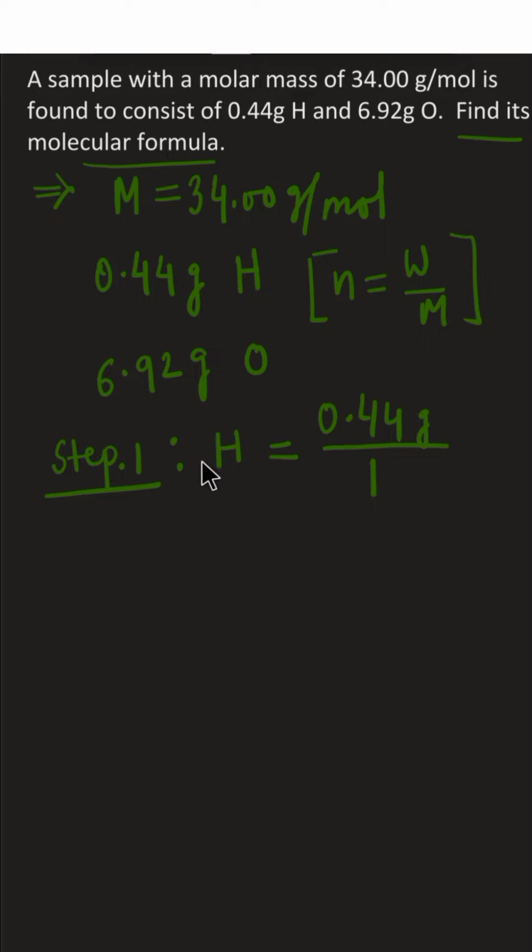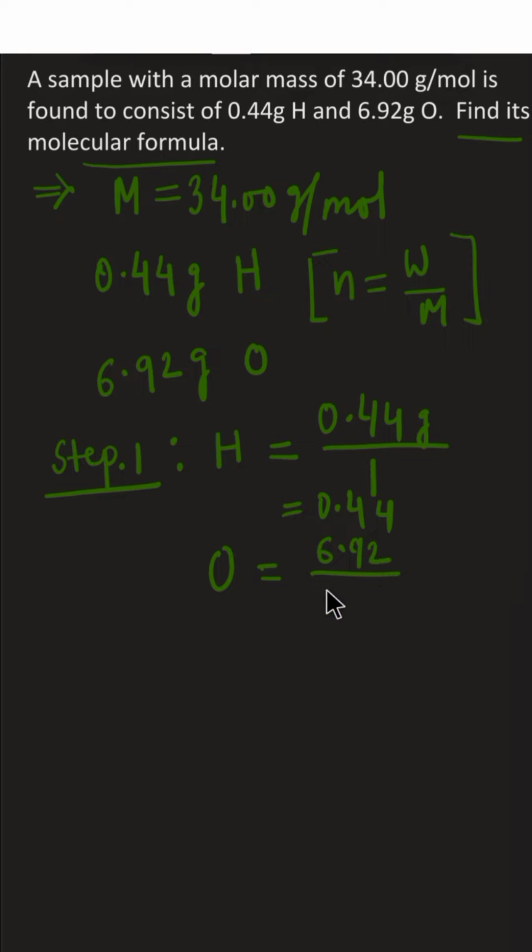So for hydrogen, what will be the number of moles? The amount taken is 0.44 divided by the atomic mass, that is 1. So ultimately it is coming 0.44 only, right? Now in case of oxygen, the amount taken is 6.92.